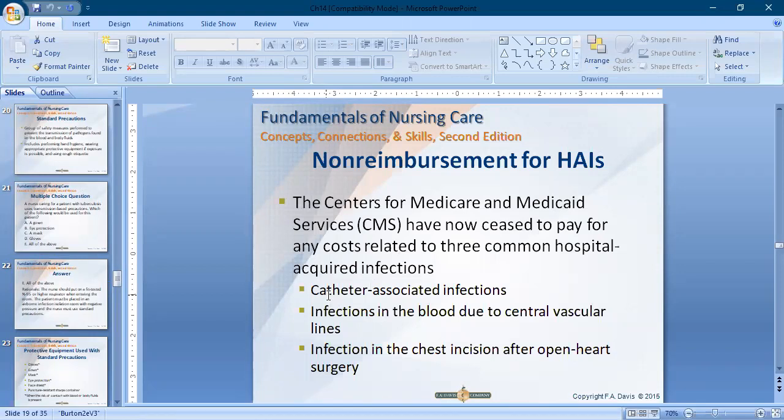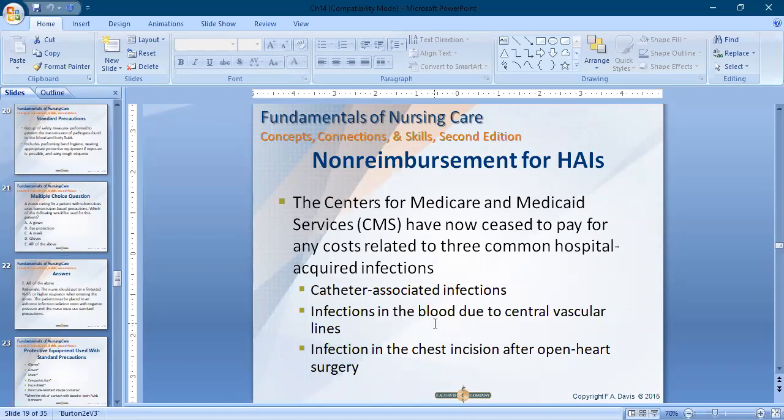If any patient goes for a surgical operation and the doctor decides to give anesthesia, at that time we have to give them a catheter. If anybody gets an infection because of the catheter, this is called catheter-associated infection, but the hospital has to pay for this.